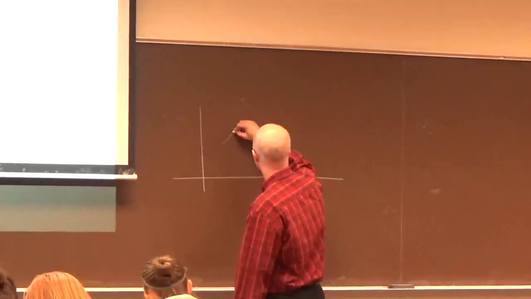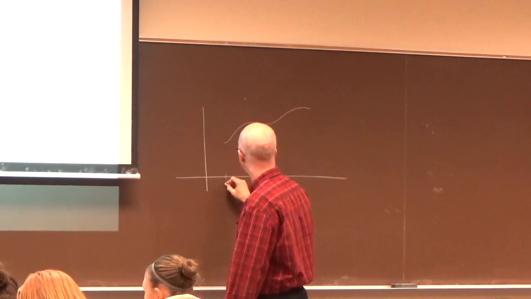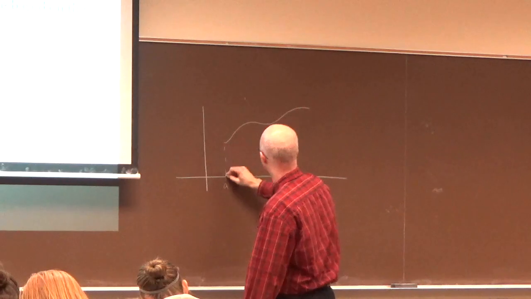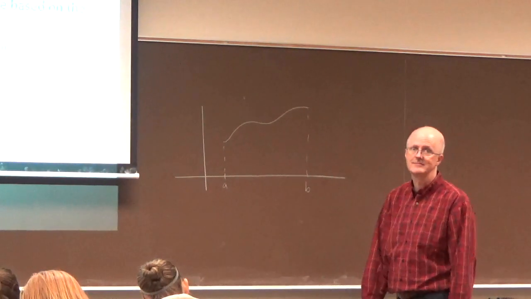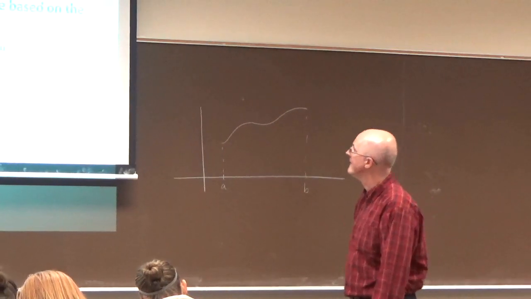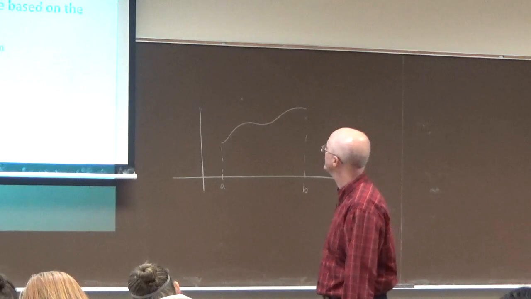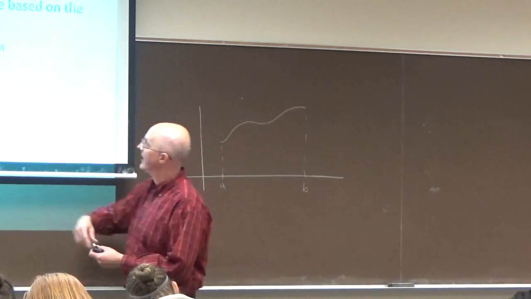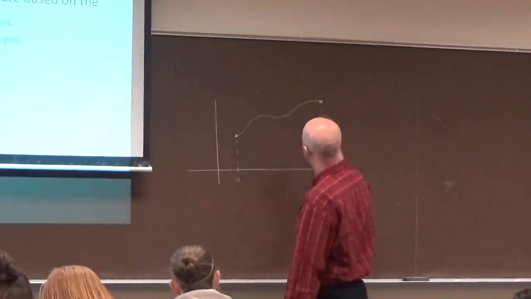F is a nice continuous function over the interval from A to B. Maybe it's defined outside the interval as well. Maybe not. It's continuous and differentiable. This quantity here, f of b minus f of a divided by b minus a, is a slope of the secant line between the two endpoints of the graph.